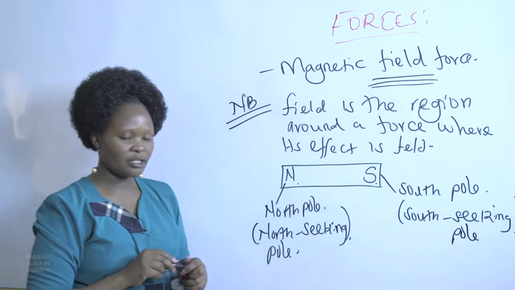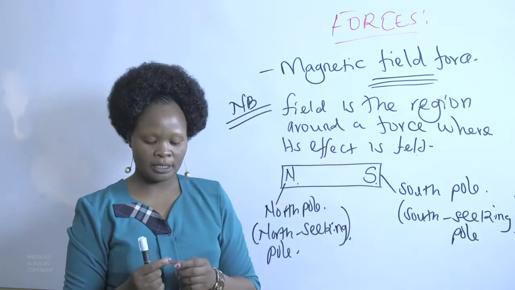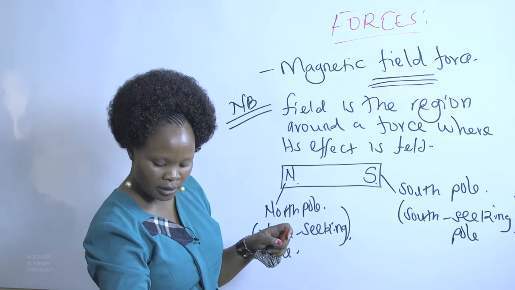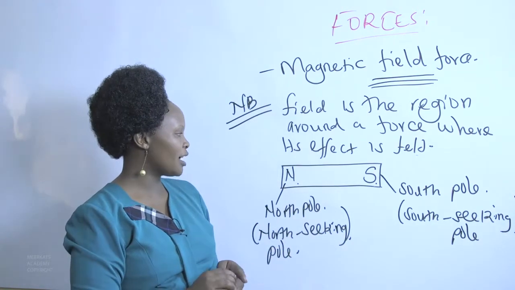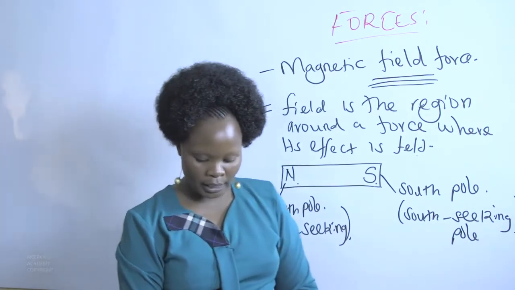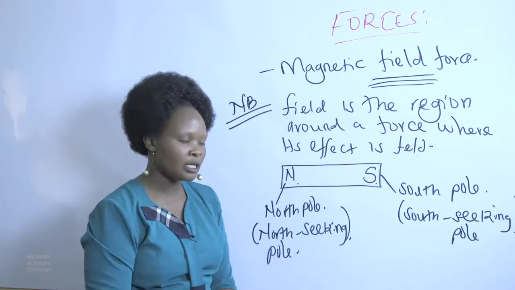Now, those are the two ends we have in a magnet. Now, there is a rule that guides the operation of this field we are talking about as being called the magnetic field.